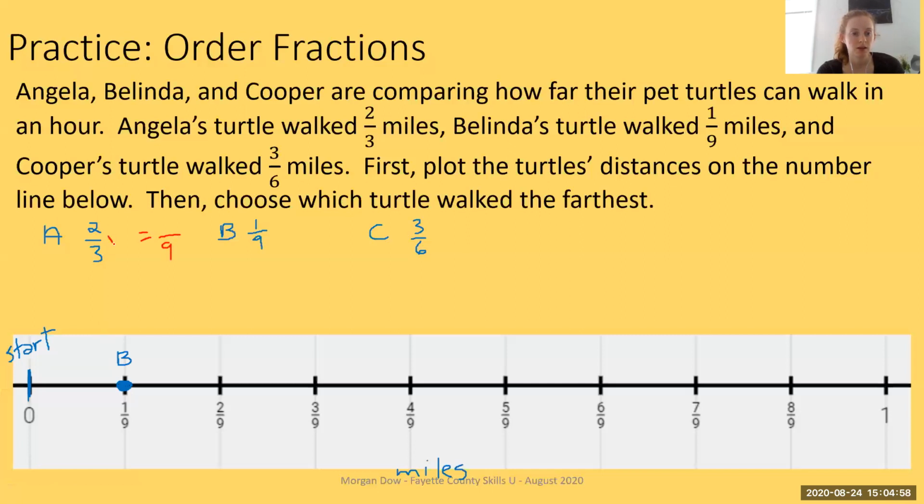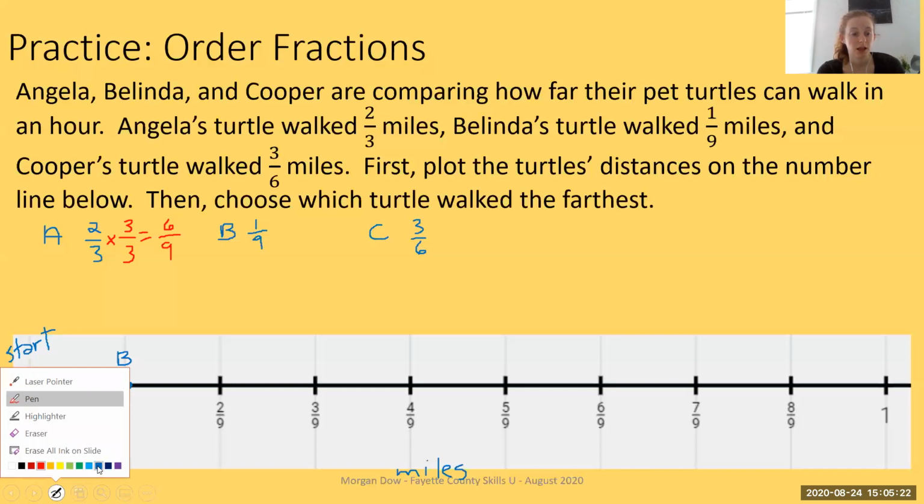What can we multiply 3 by in order to get 9? So 3 times 3. 3 times 3 is 9. Same thing up top, get 6. So 2/3 is the same thing as 6/9.